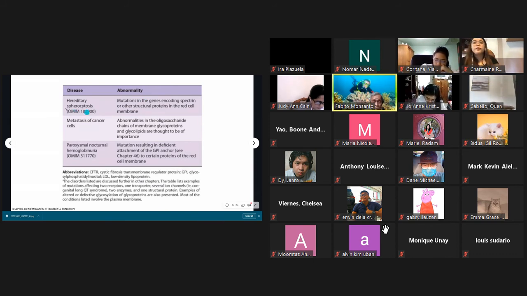Hereditary spherocytosis. This is your RBC. Which is involved in metastasis of cancer cells.